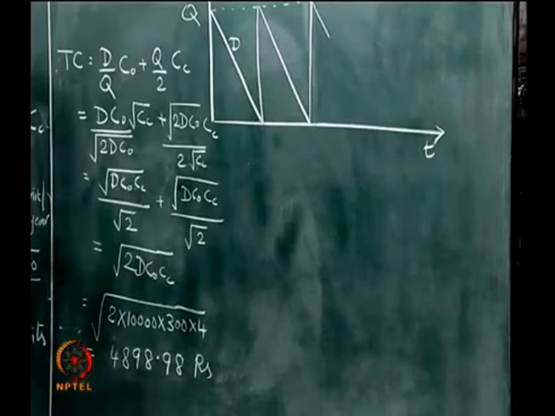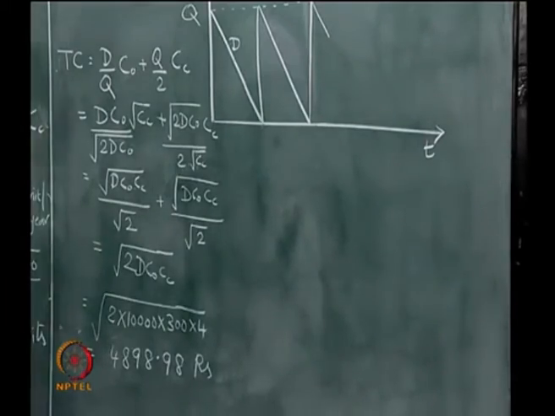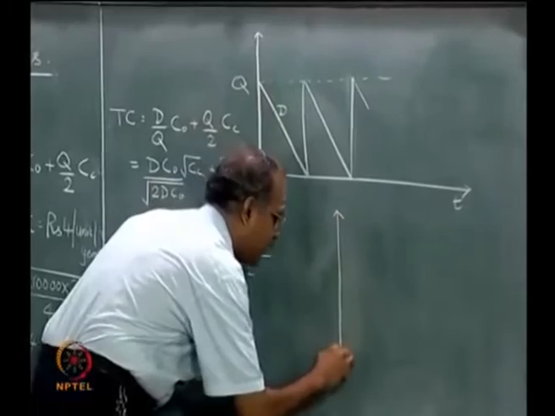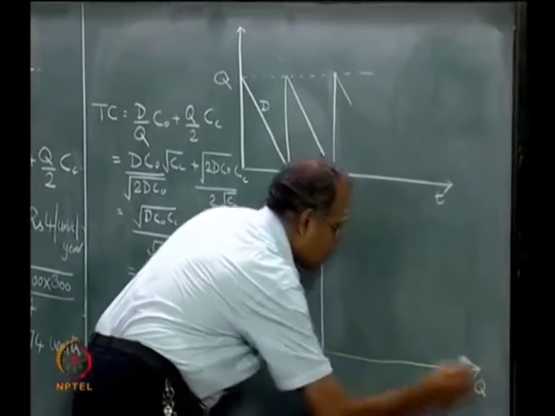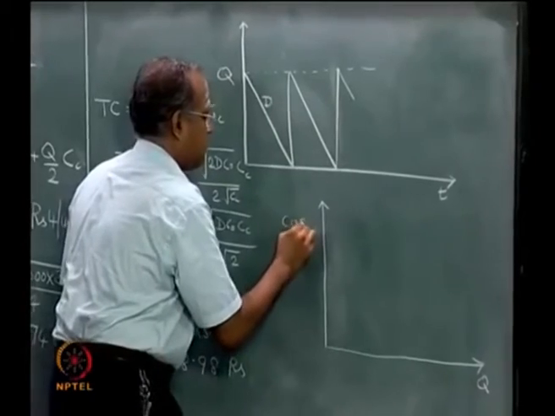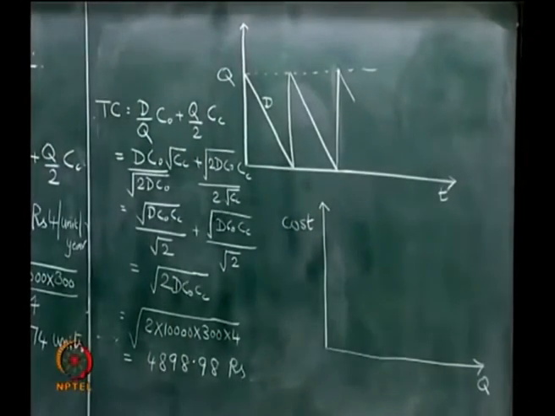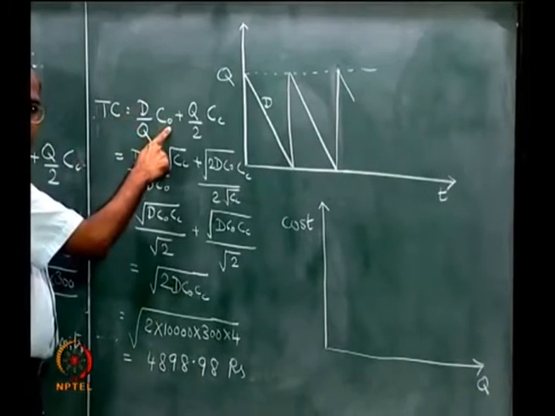Now, let us also try and draw a graph that kind of depicts or shows the economic order quantity. So, if we look at now cost versus order quantity, the order cost is of the form D by Q into C naught.